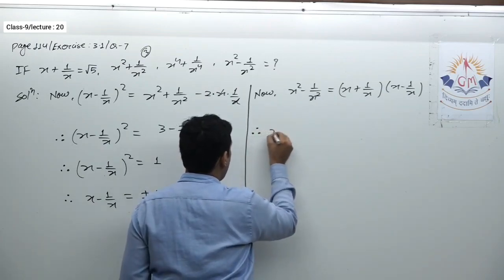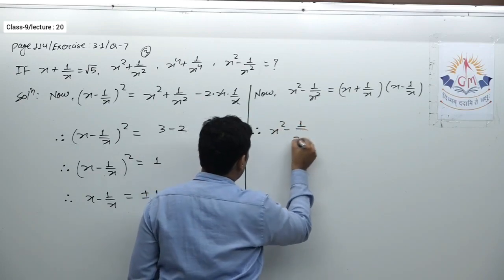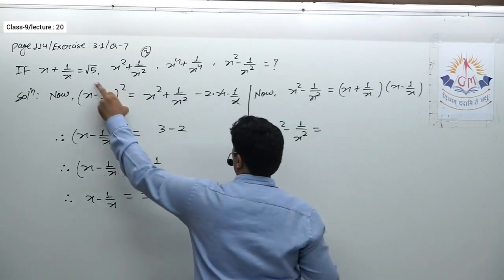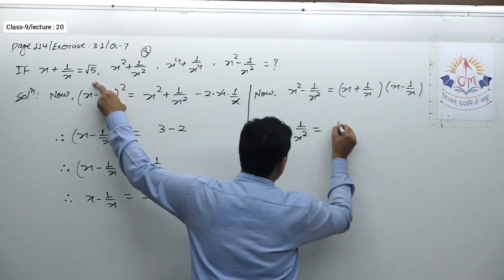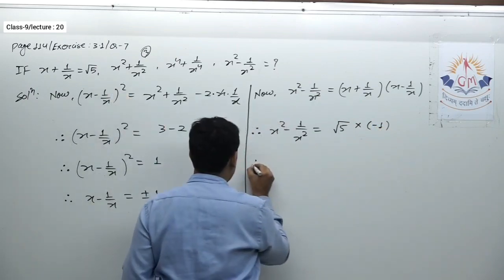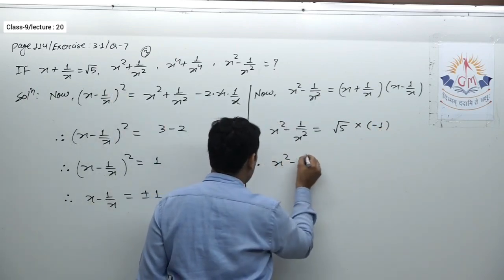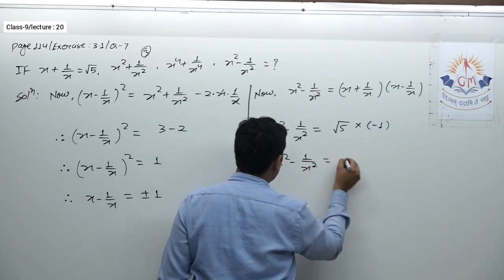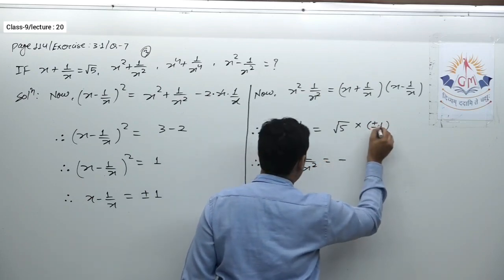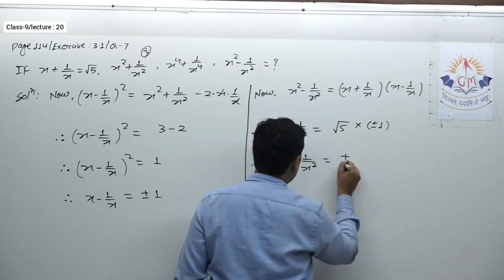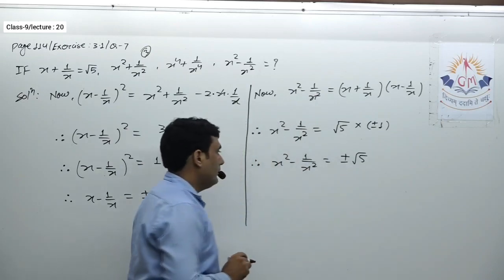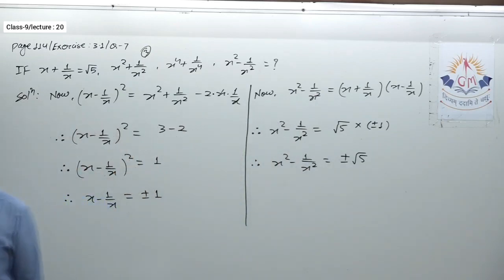So x plus 1 upon x is equal to root 5, and this is equal to plus minus 1. So x square minus 1 upon x square will be plus minus root 5. So this is our final answer. So please note it down.